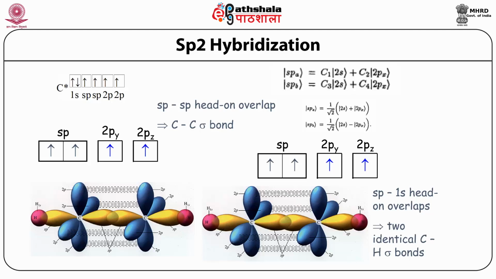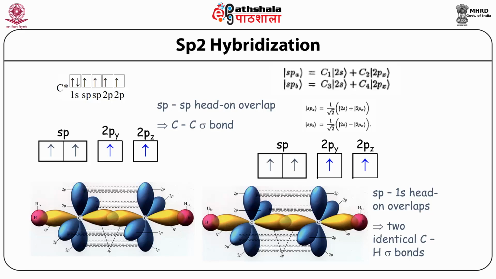spb spb equal to 1, we obtain the relationship between the coefficients ci: c1 c3 plus c2 c4 equal to 0, c1 square plus c2 square equal to 1, c3 square plus c4 square equal to 1, and c1 square plus c3 square equal to 1.